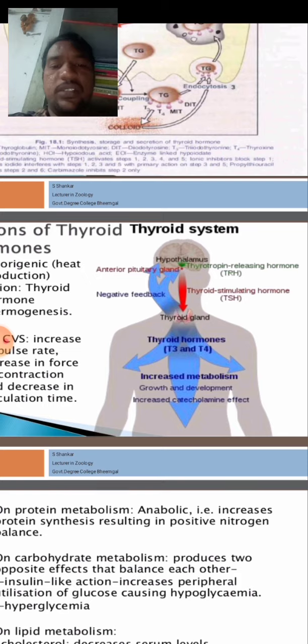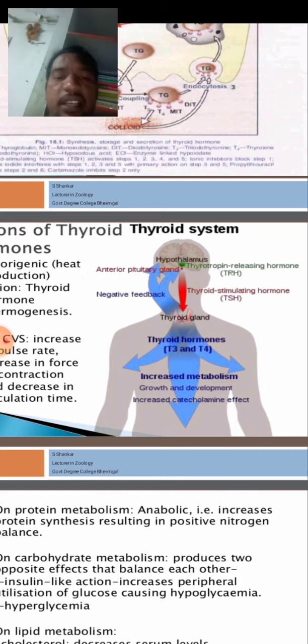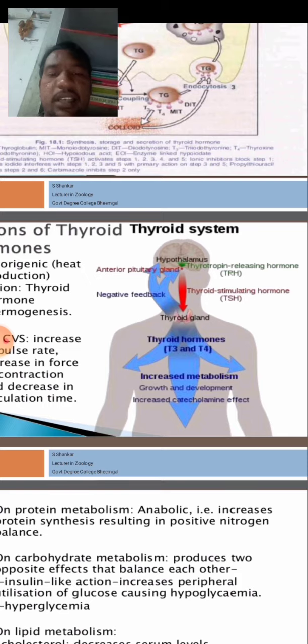Thyroid hormones T3 and T4 increase metabolism, growth and development, and increase the catecholamine effect. The hypothalamus secretes thyrotropin releasing hormone, which acts on the anterior pituitary gland to release TSH, thyroid stimulating hormone, which acts on the thyroid gland.